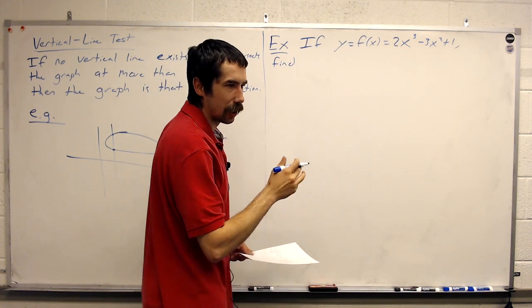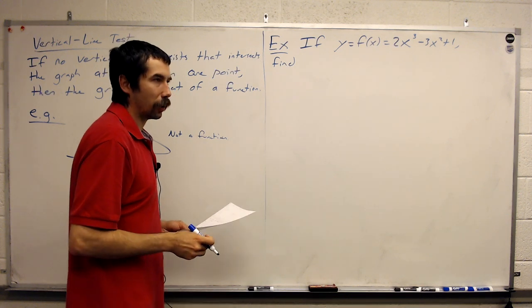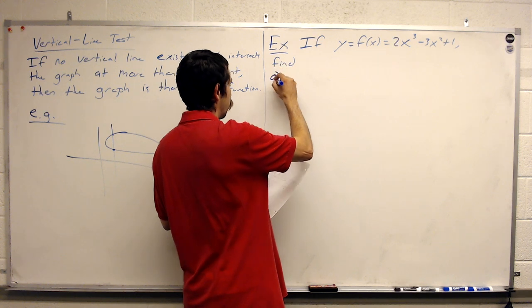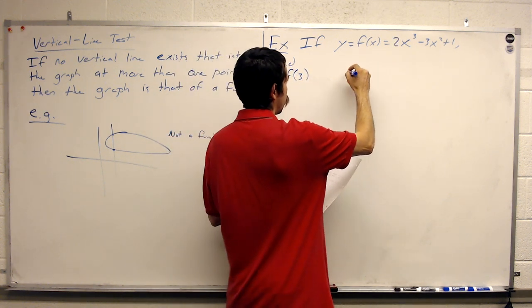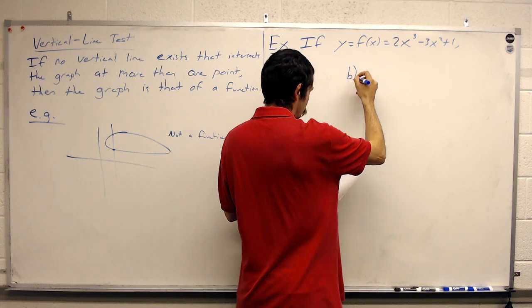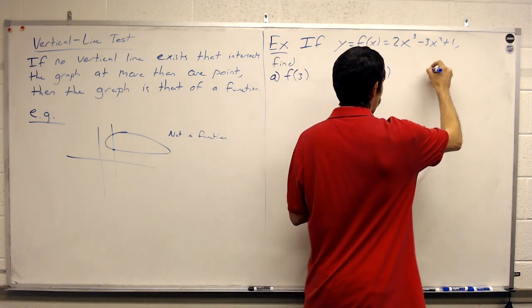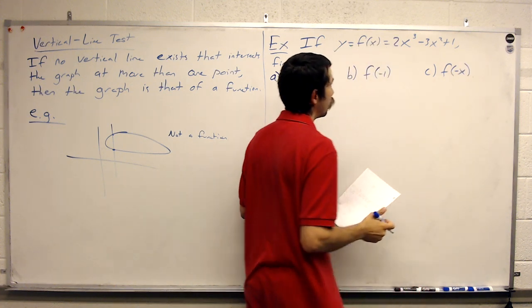Again, pause the video once I write out the problem. Try it on your own, but once you are happy with your solution, you could watch my solution. So I want you to find first f(3). Then f(-1). And then finally, f(-x).